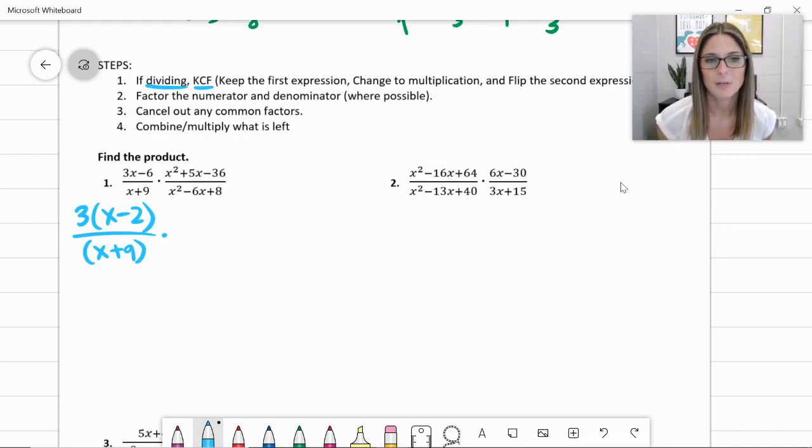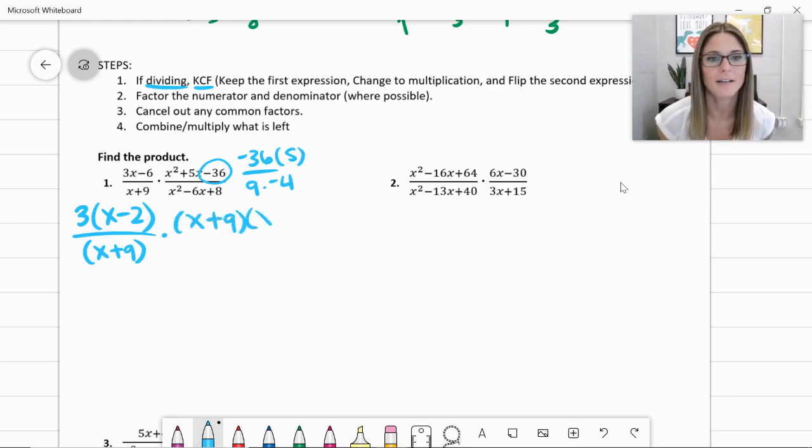In the right expression, the numerator x squared plus 5x minus 36. Leading coefficient's 1, so I'm just going to think about the factors of a negative 36 that add up to 5. That's going to be 9 times negative 4. And throw that into my binomials.